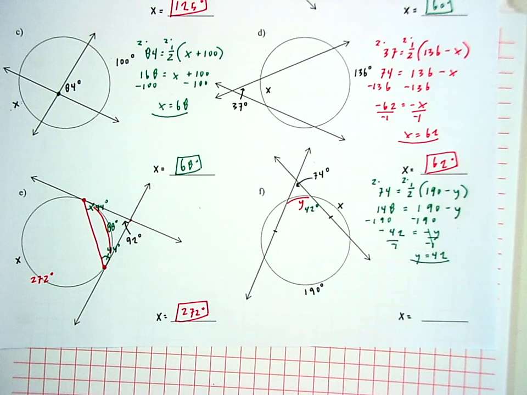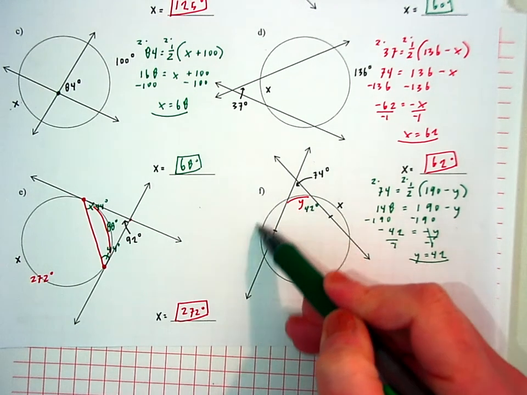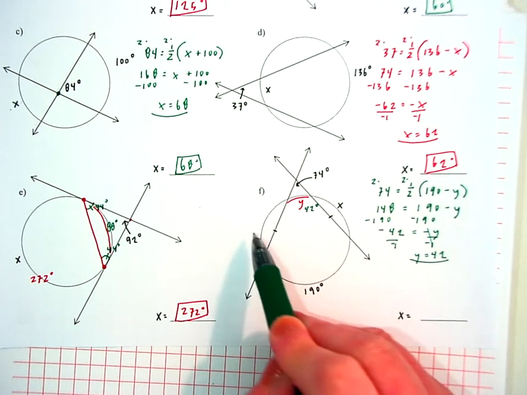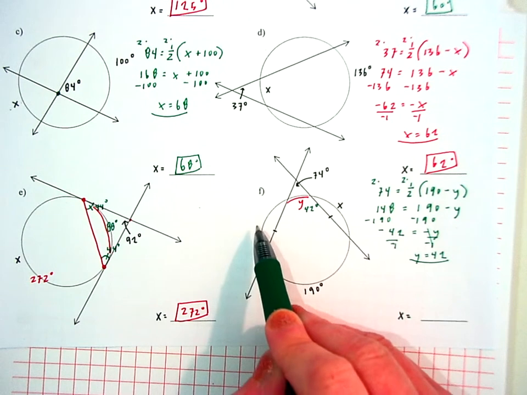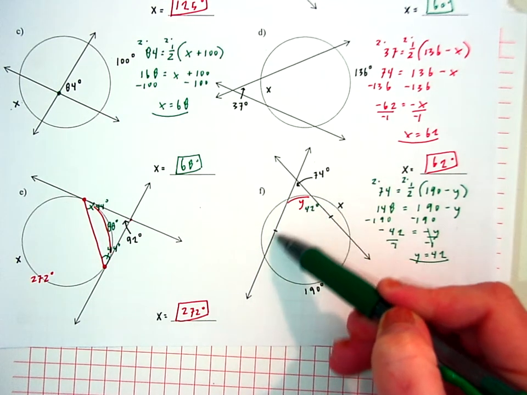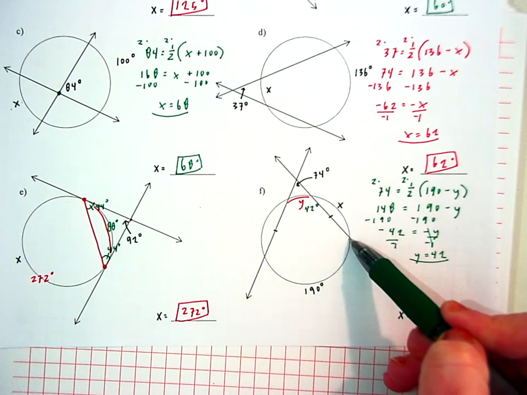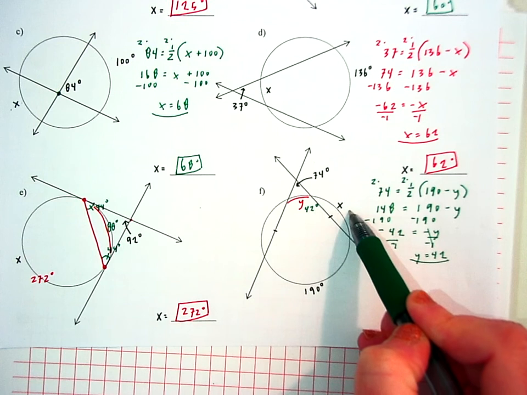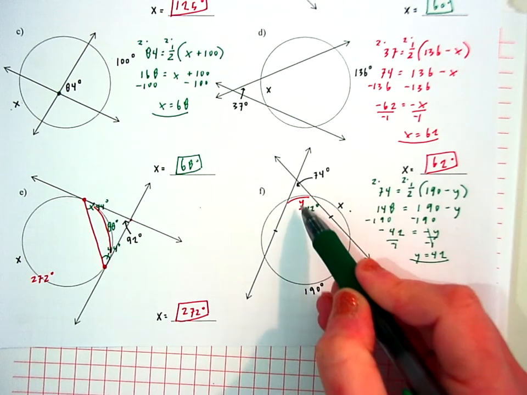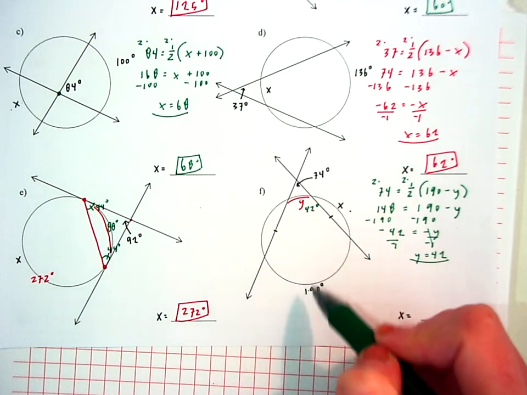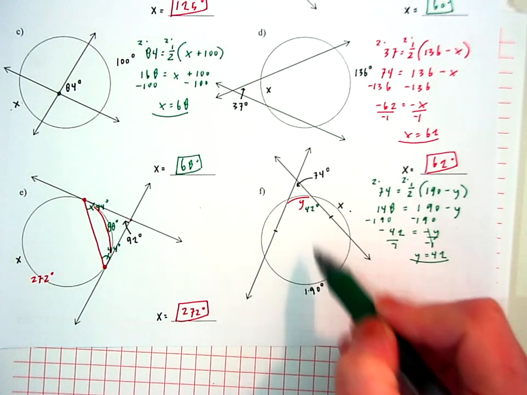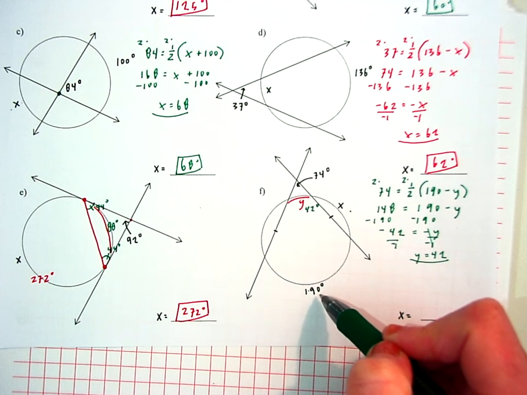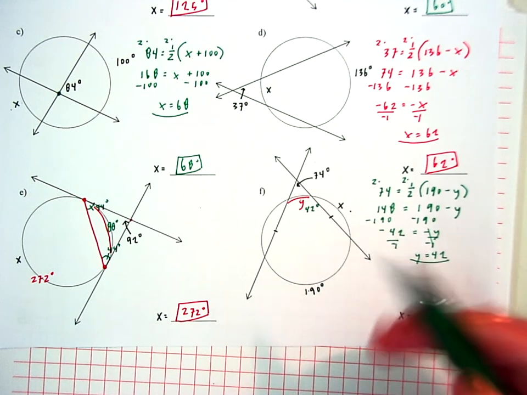All right, so now that I'm there, remember that arcs of congruent chords are always congruent. So I may not know what these individual measures are yet, but I know that they're going to be the same. They have to be the same. I know that these chords cut off the same portion of the circle. So these two arcs have to match. So right now I know what these two measures add up to. I can add 42 and 190 and see that I have 232 degrees already used.